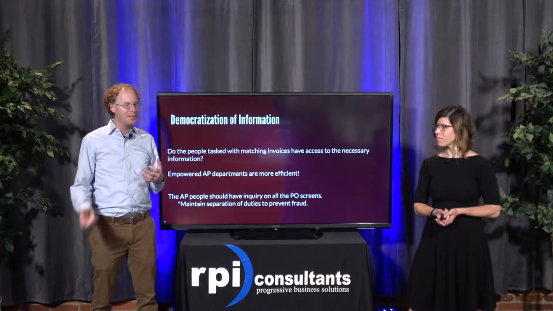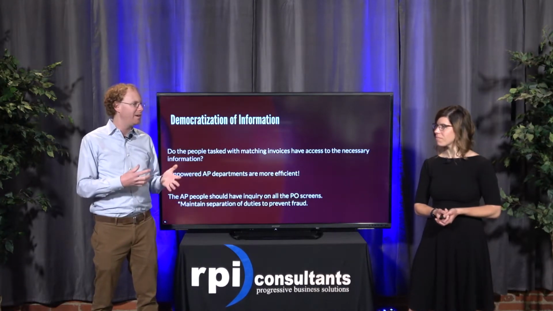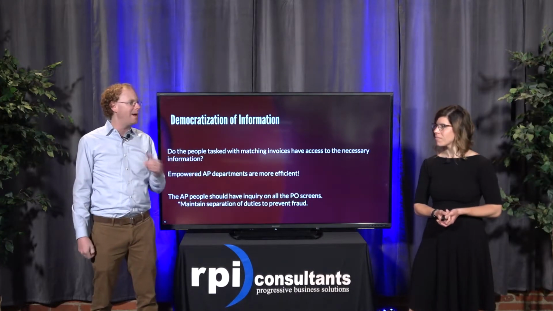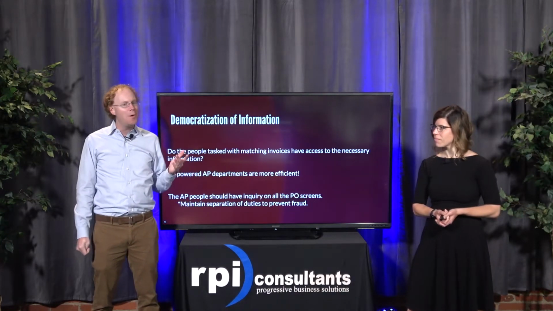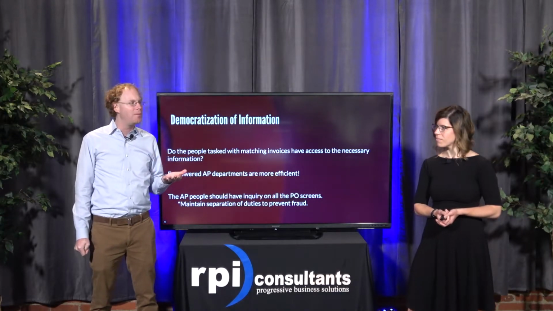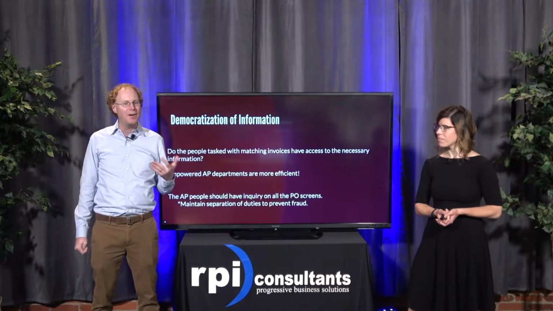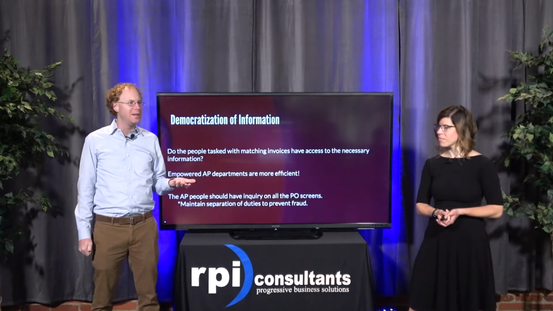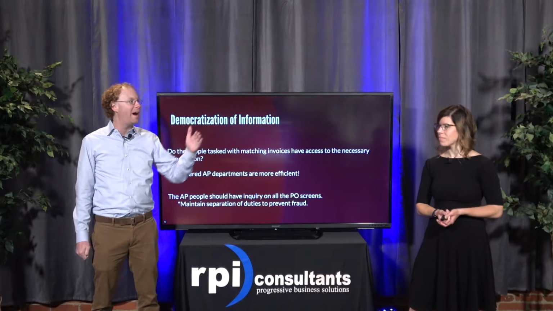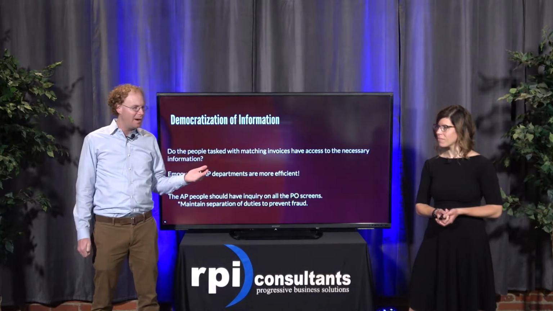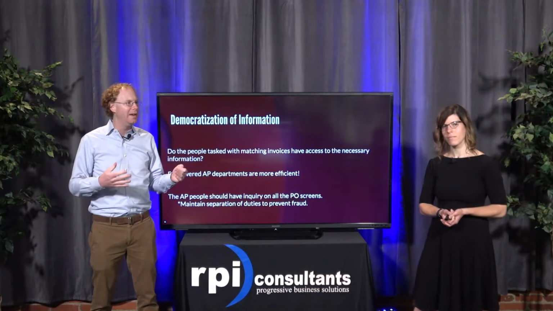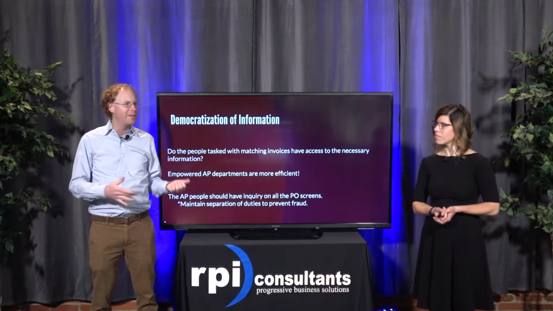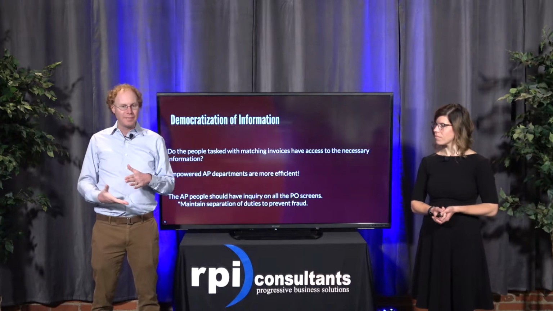Usually it only lets you see invoice and vendor information, and then just the minimum amount of data you need to execute a match. By opening up that security model and giving broad inquiry-only access, that enables our AP processors to really track a transaction back through the system and get context by looking at other invoices or other problematic invoices for that vendor, or maybe for that item, or maybe for that location.